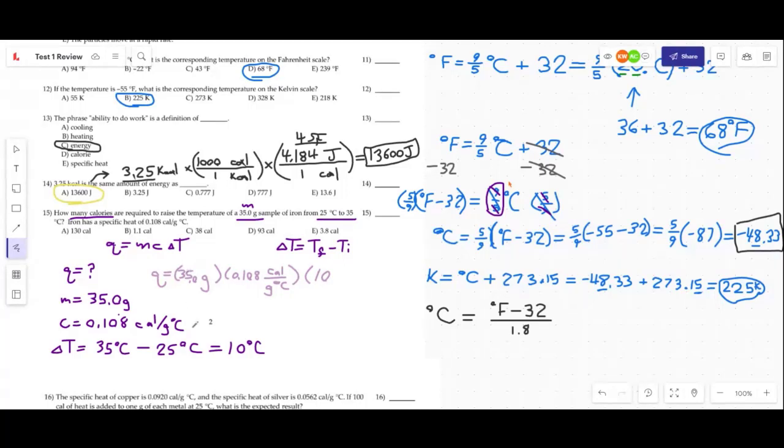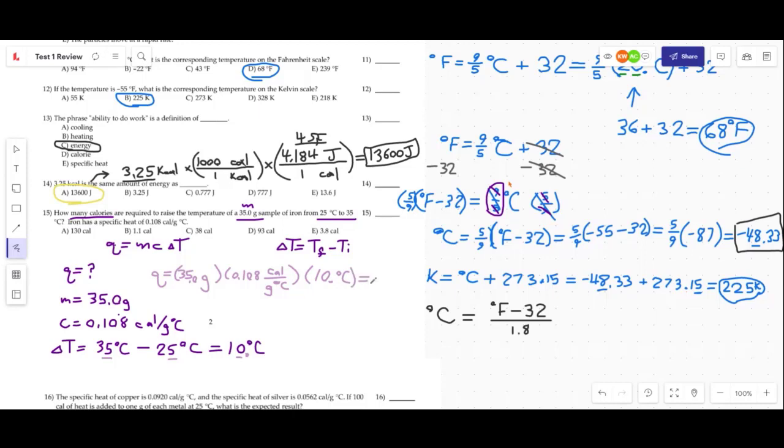Now, admittedly, this 10 really needs to have a dot here, because the last significant figure in each of these numbers is to the ones place. So my answer should have significant figures all the way to the ones place. Since it's 10, I'm going to need to put a dot there. And that is going to be degrees Celsius.